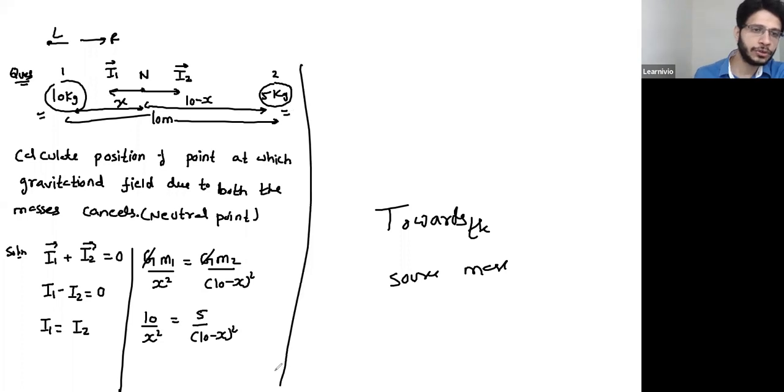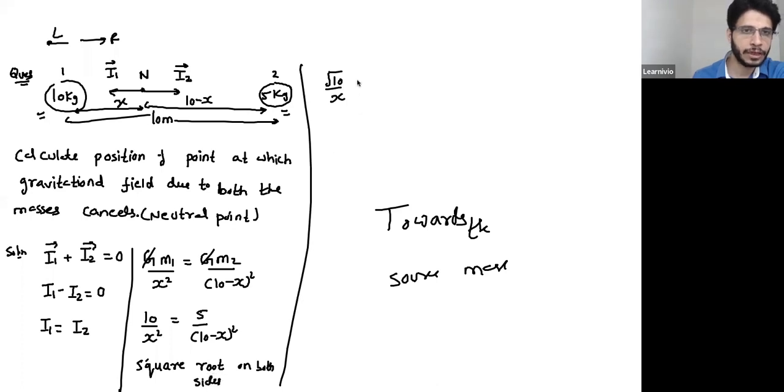To solve this equation, you can take roots on both the sides. I'm taking square roots on both sides. So it will be root 10 over x, and this is root 5 over 10 minus x.